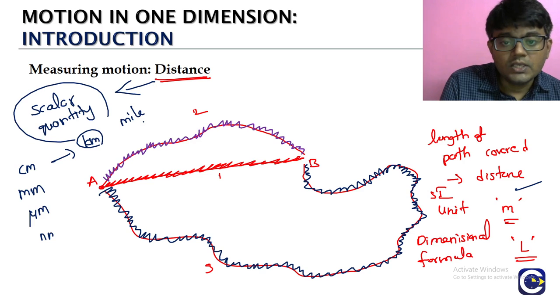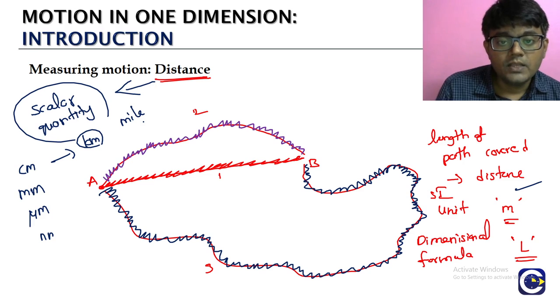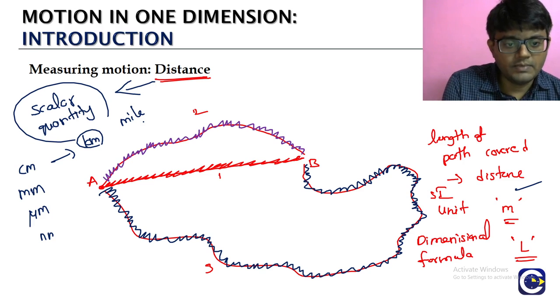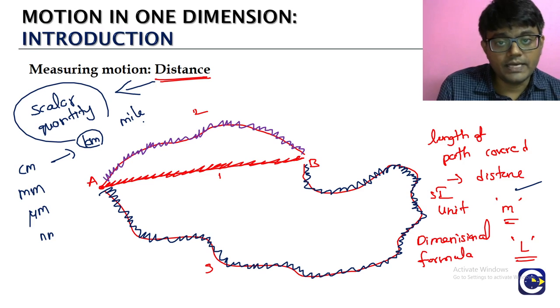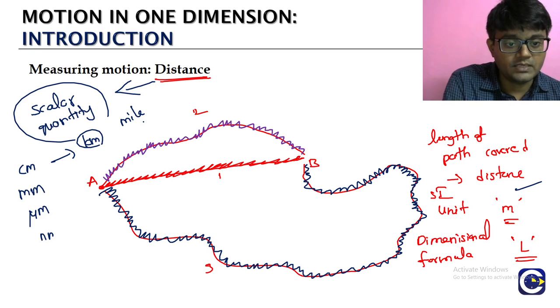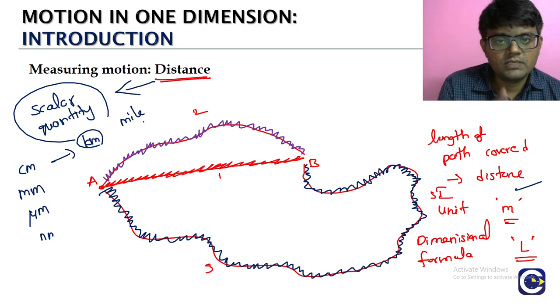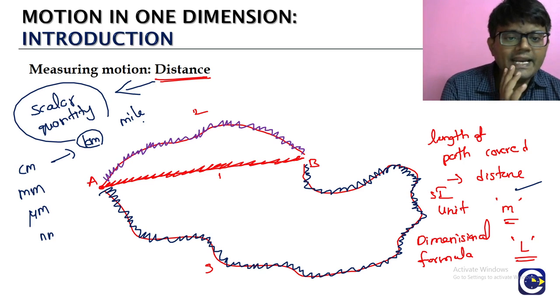In the units and dimensions chapter, we talked about the different units of length and how to convert the value from one to another. Maybe when there is a problem, we'll look at it. If the units have to be converted from one system to another, we should be able to do the conversion by using the appropriate conversion factor. So this is the idea of distance.